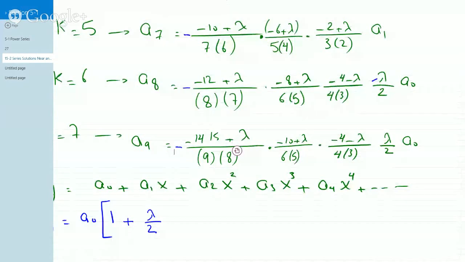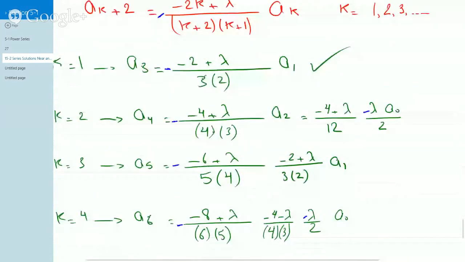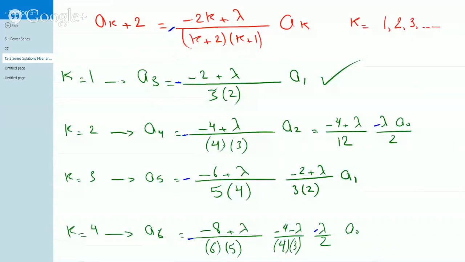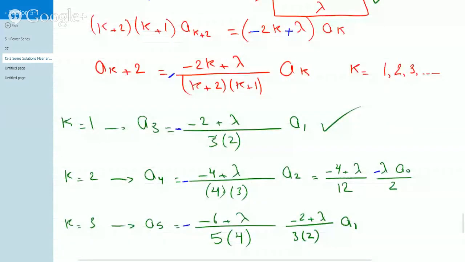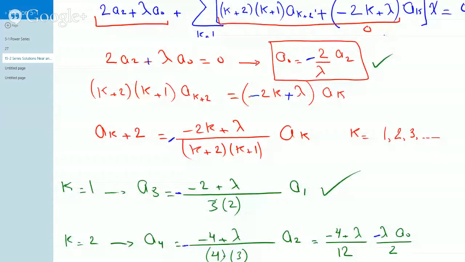So now the third one that has a0 is the x to the 4. Right? Hold on, let's fix this here really quick.